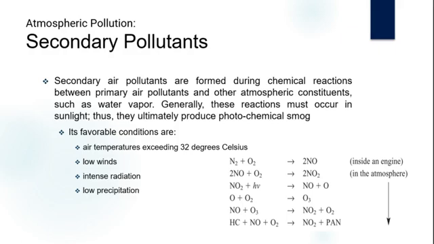Secondary pollutants' favorable conditions are air temperatures exceeding 32 degrees Celsius, low winds, intense radiation, and low precipitation. In this table, here are some of the simplified set of reactions in a photochemical smog.